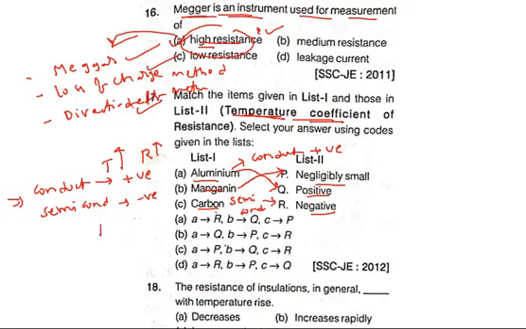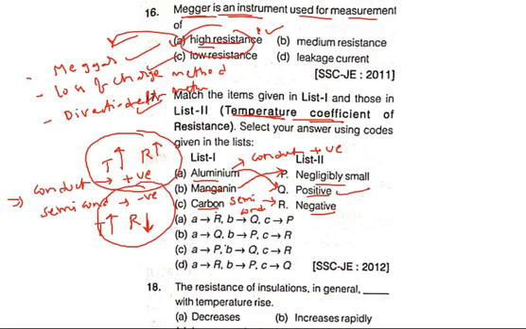Negative temperature coefficient means when temperature increases, resistance will decrease. Very important. Therefore, aluminium has a positive temperature coefficient, so we have chosen positive.